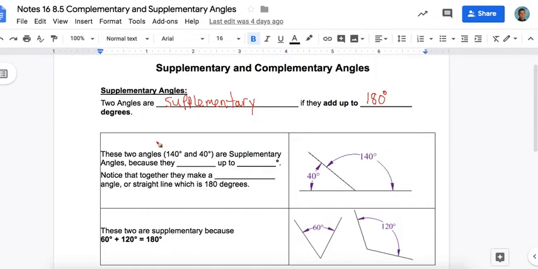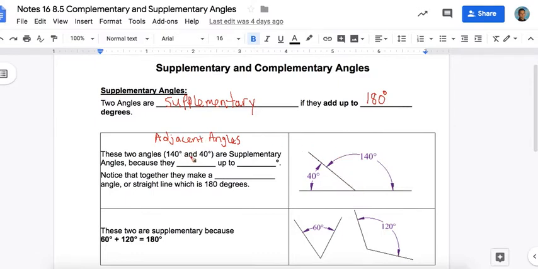Okay, so what I want you to write here is adjacent angles. And remember, these two angles are adjacent because they share the same vertex and the same side.